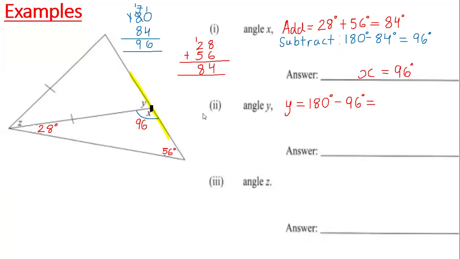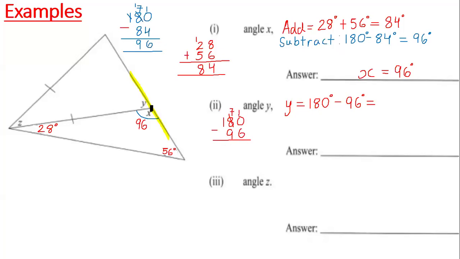If we subtract it, it's basically the opposite of this, to be honest. So 180 degrees minus 96. Okay, we have 0 minus 6. Can we do that? No, we can't.